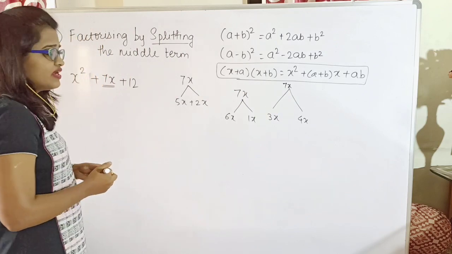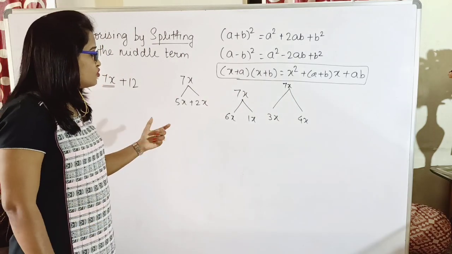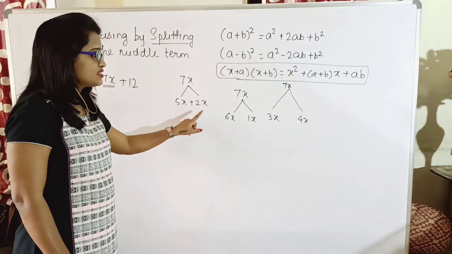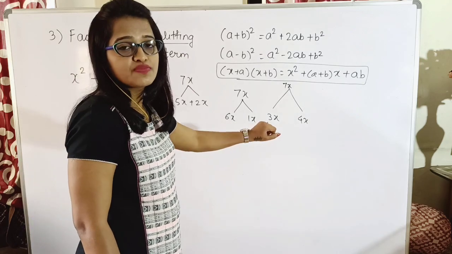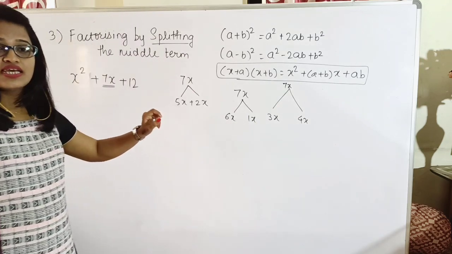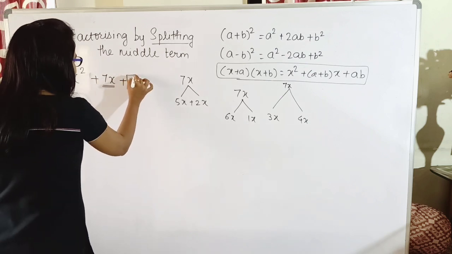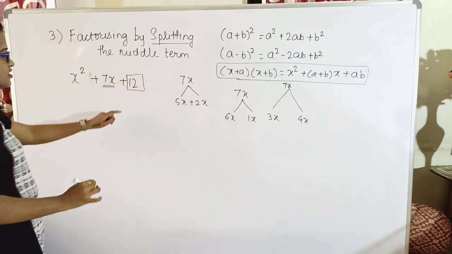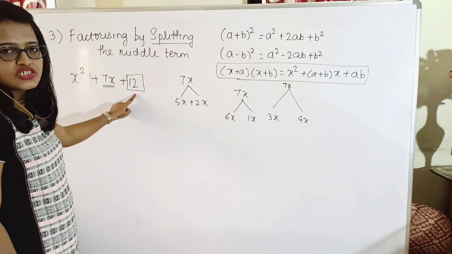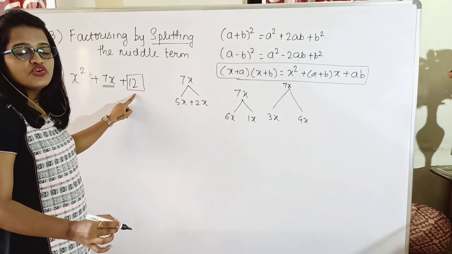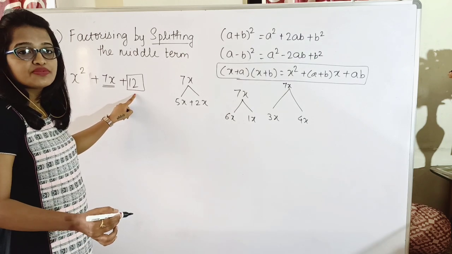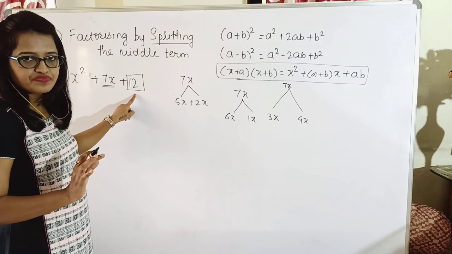So whenever I am splitting, how do I come to know whether I have to write 5x plus 2x, 6x plus 1x, or 3x plus 4x? Yes, that is decided by your third term. The third term of the expression tells you whether you have to take addition or subtraction of which two terms.